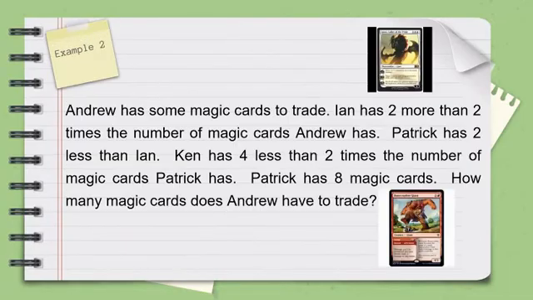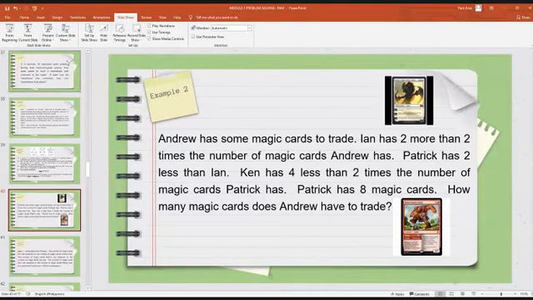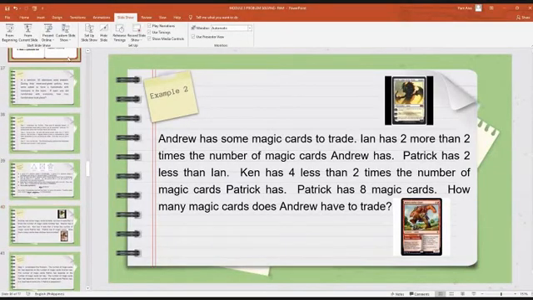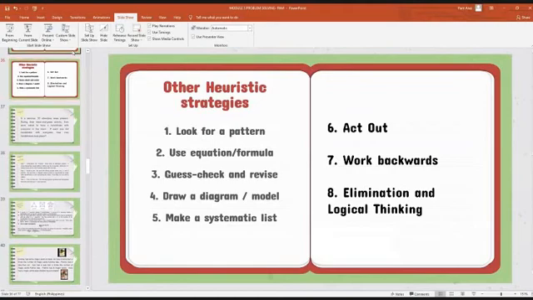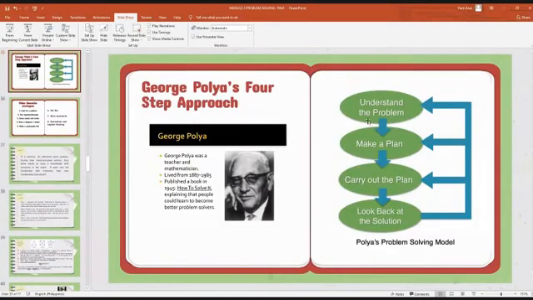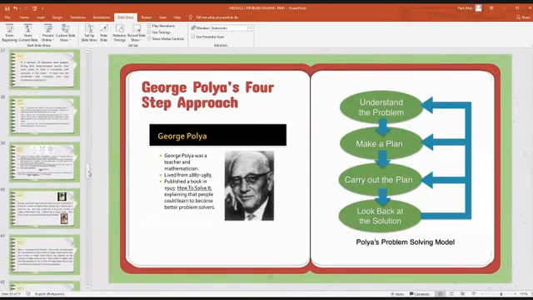Then, after that, explain, justify your answer. Go back, check. That is what we call the Polya's 4-step approach. So understand the problem, you make a plan, carry out the plan, look back at the solution and check.